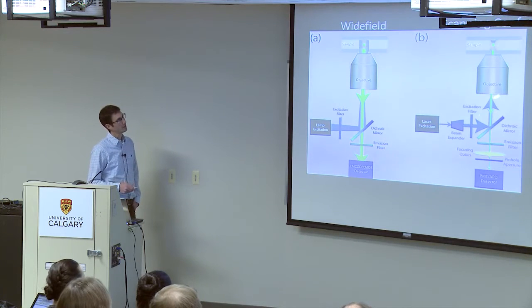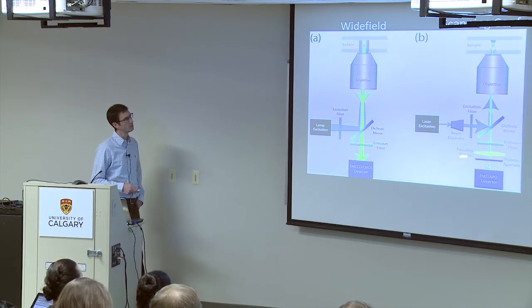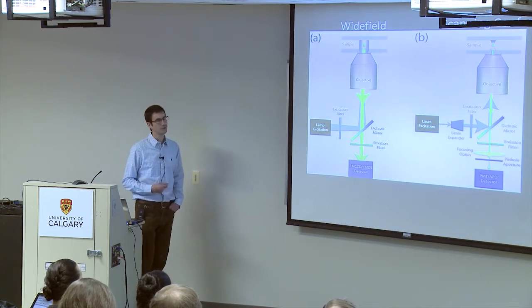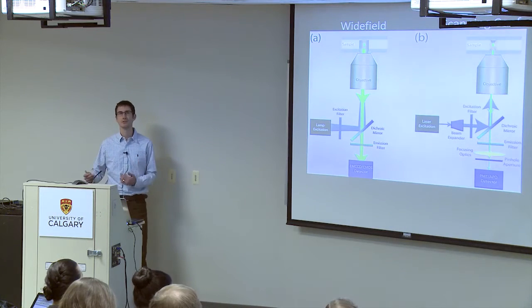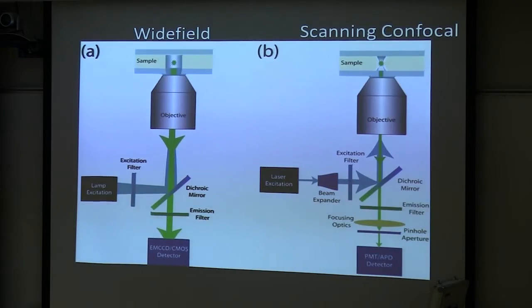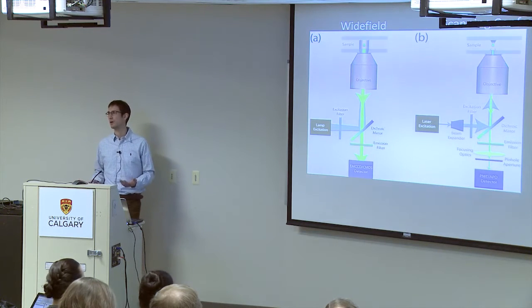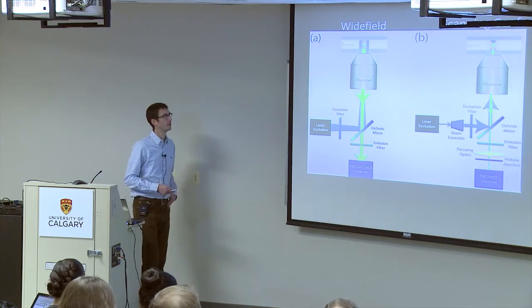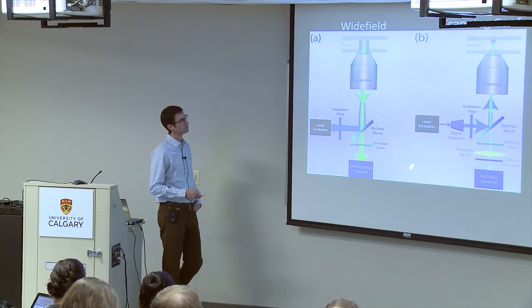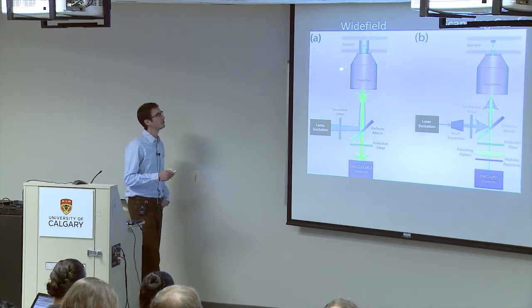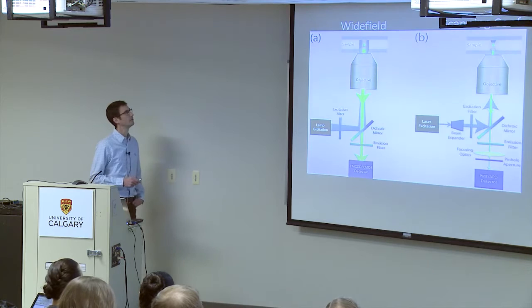You get your fluorescence, you collect that fluorescence, send it back, and the key component right here is this pinhole that sits in front of our detector and excludes all of the fluorescence light coming from above and below our focal plane. And then this is what allows us to take these nice optical sections, these thin slices through our sample, and build those up into a 3D volume, similar to what you do with a CT scan or an MRI.